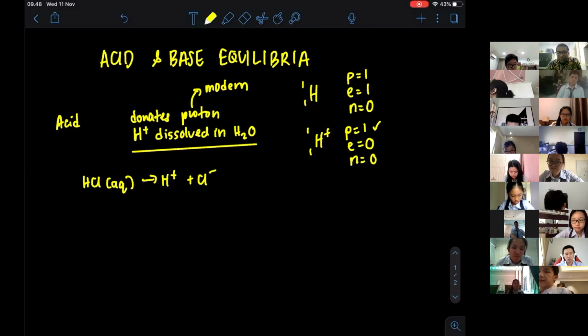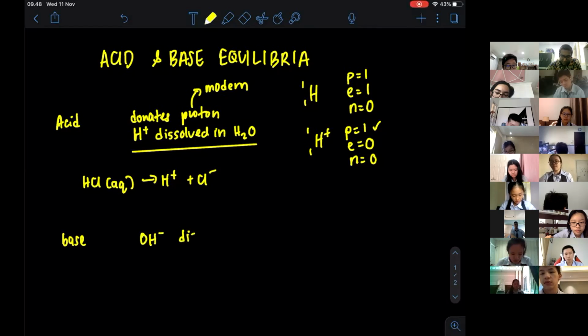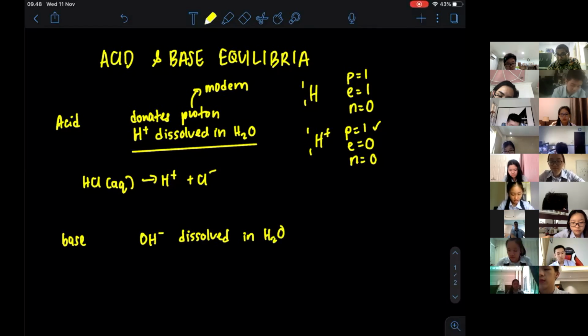Okay, so that's the problem with the older definition. But before I go into that, how do we define base? Last time, they defined base by saying they give OH minus when dissolved in water. Okay, that's going to be one of the definitions.